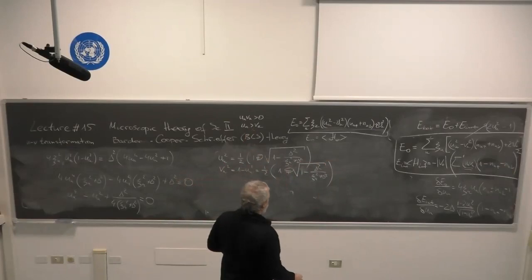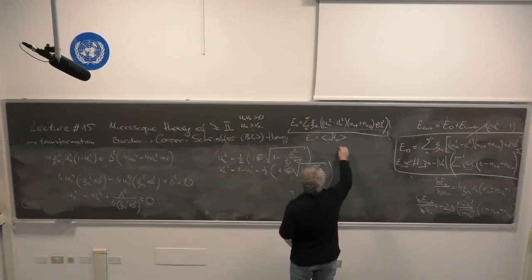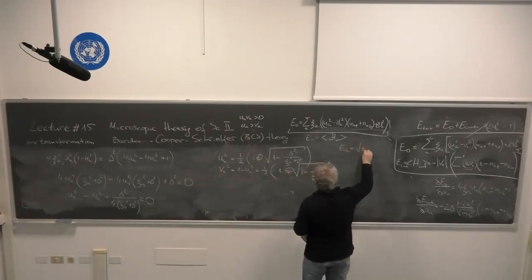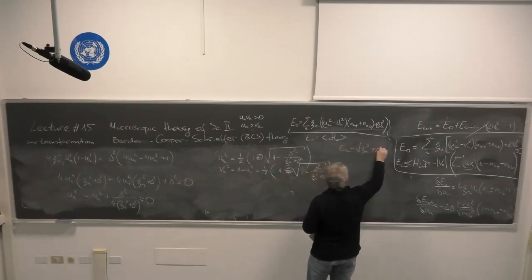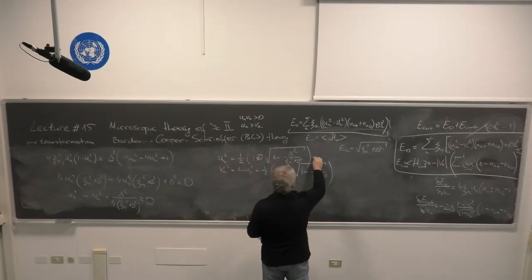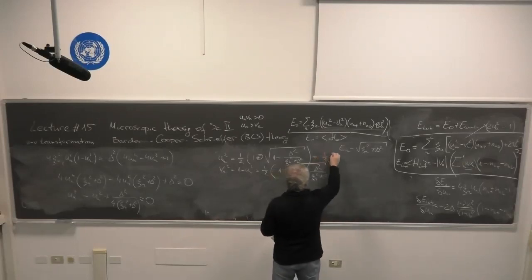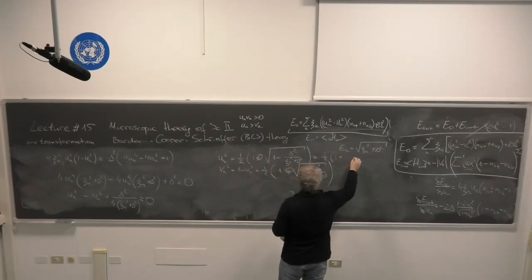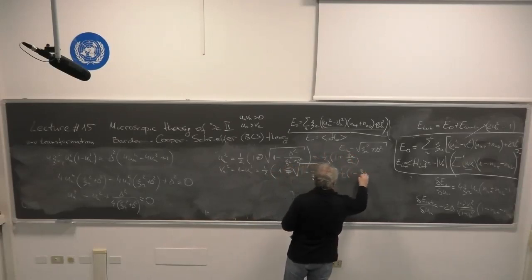Let me denote Ek as the square root of psi k squared plus delta squared. Just a notation, nothing more than notation. Therefore, uk squared is 1/2 (1 plus psi k divided by Ek), and vk squared is 1/2 (1 minus psi k divided by Ek).